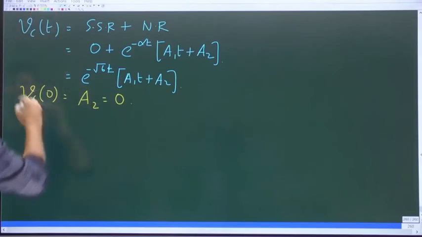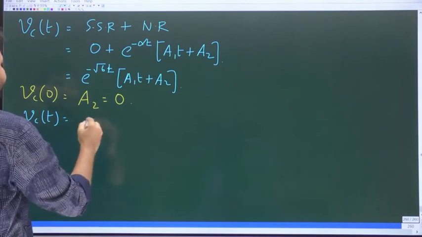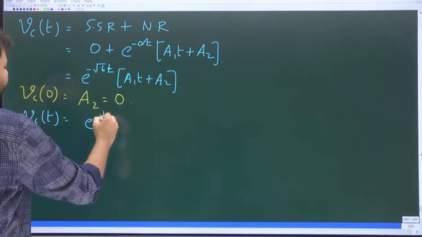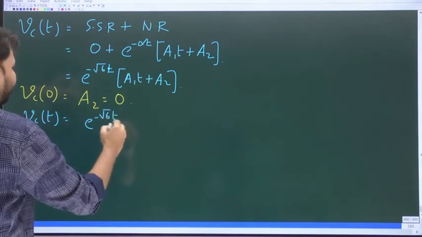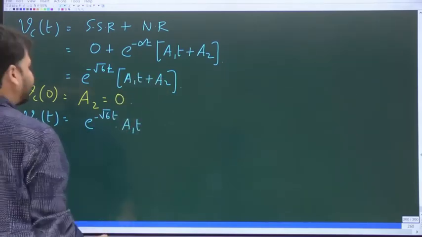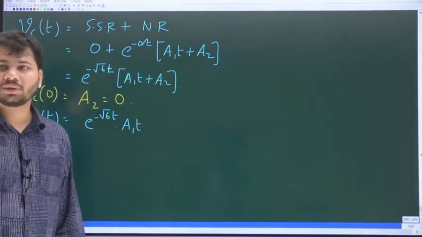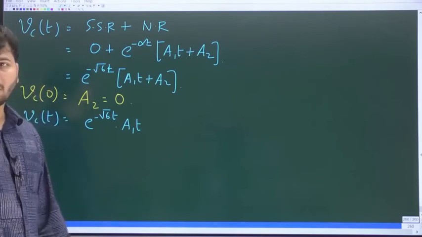If a2 is 0, then Vc of t can be written as e power minus root 6t times a1t, because a2 is 0. I'll omit a2. So Vc of t will be e power minus root 6t times a1t.